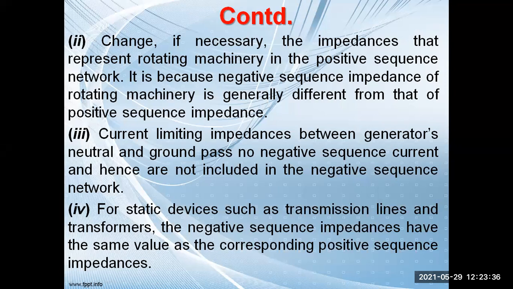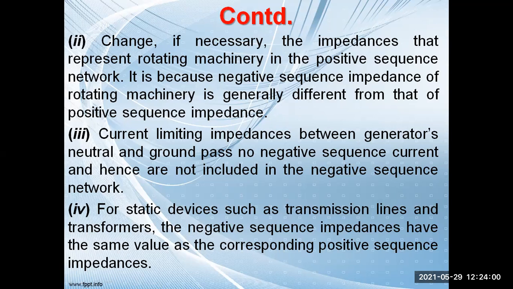Now the current limiting impedances between the generator neutral and the ground pass no negative sequence current and hence are not included in the negative sequence network. You have to understand that the current limiting reactor is used between the generator neutral and the earth. Between these two terminals, no negative sequence current will flow through this current limiting reactor.